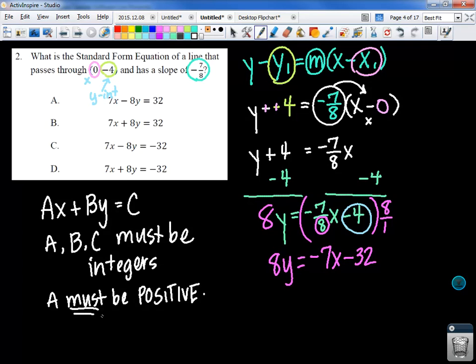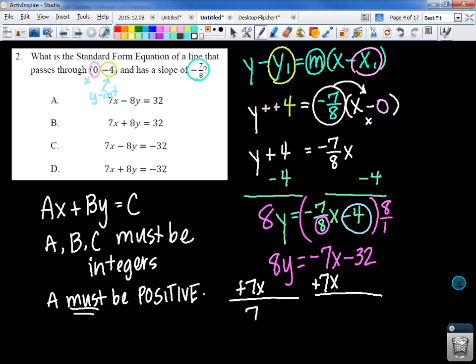A must be positive. So I'm going to bring the 7x over here by addition. Okay, now that's not how we show that algebraically, so I'm going to back up so I can show you how that's really done. We're going to add 7x to both sides of the equation.